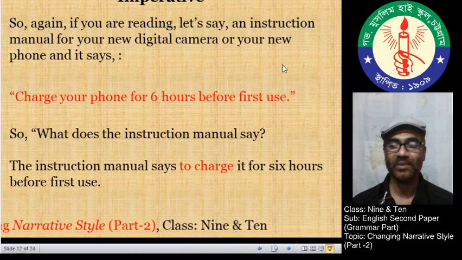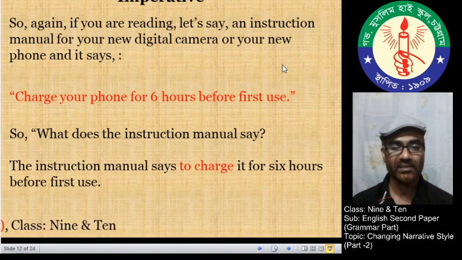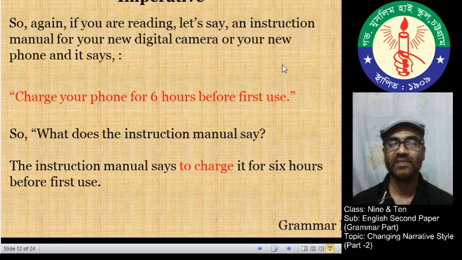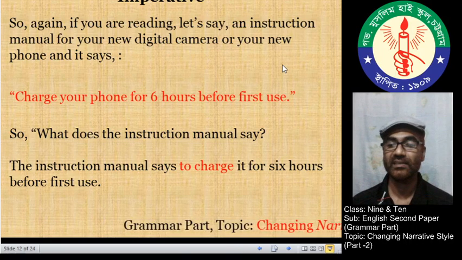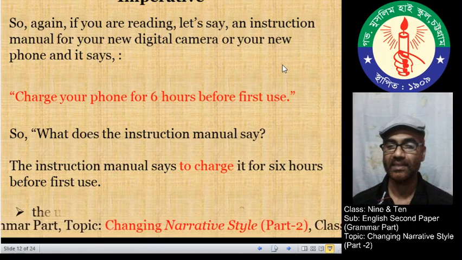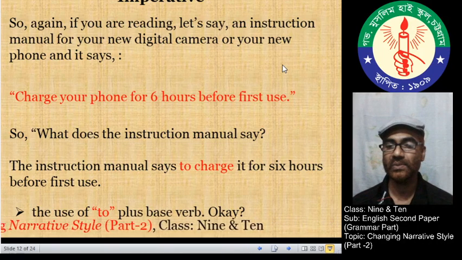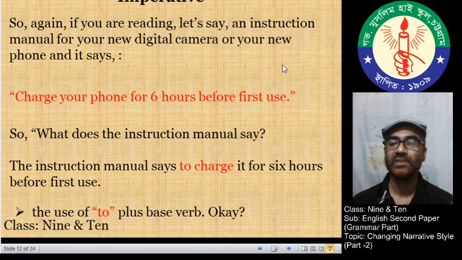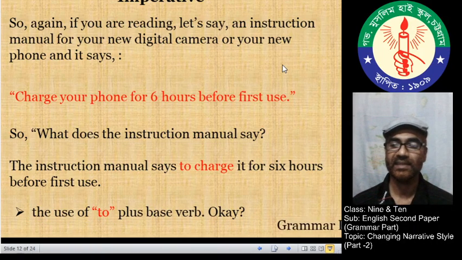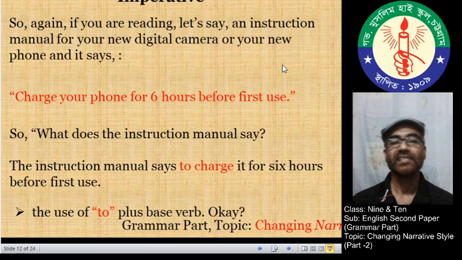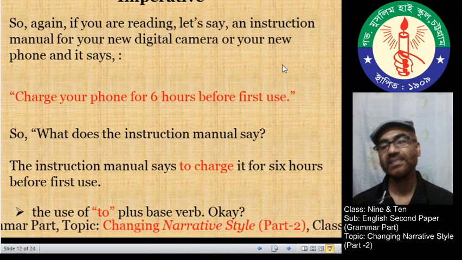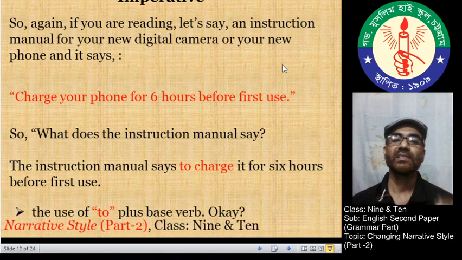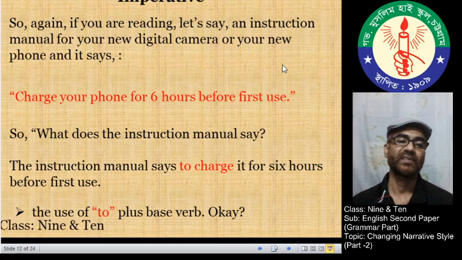The instruction manual says to charge it for 6 hours before first use. To charge it, the use of to plus base verb. To plus base verb. Got it? "Charge your phone for 6 hours before first use." The instruction manual says to charge it for 6 hours before first use.